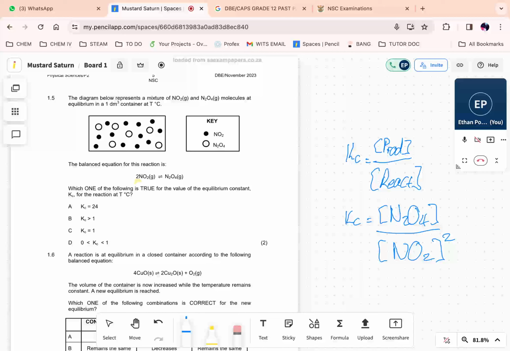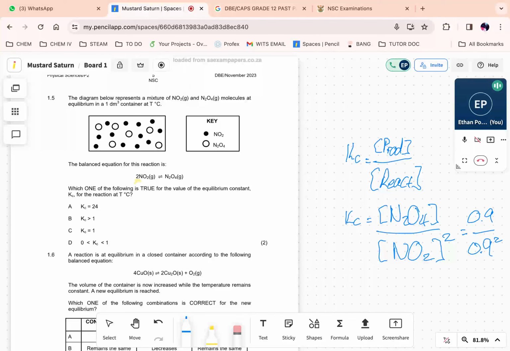So what you can see here is that let's just plug in some random number because the volume of the container is close to 1. We can say that the concentrations of our products are really close to 1 as well. So some number really close to 1, maybe 0.9 over 0.9 squared, right?